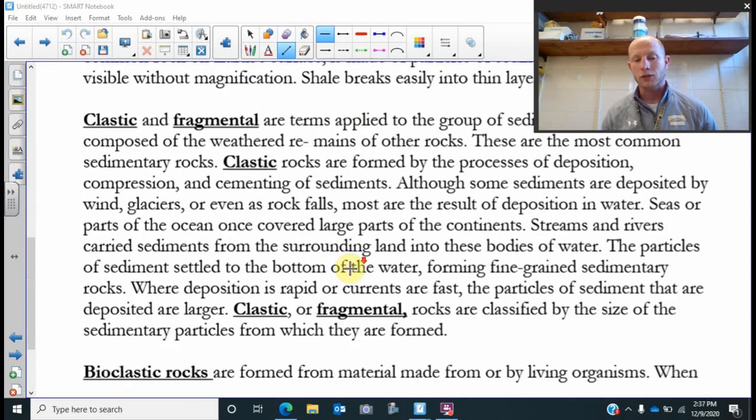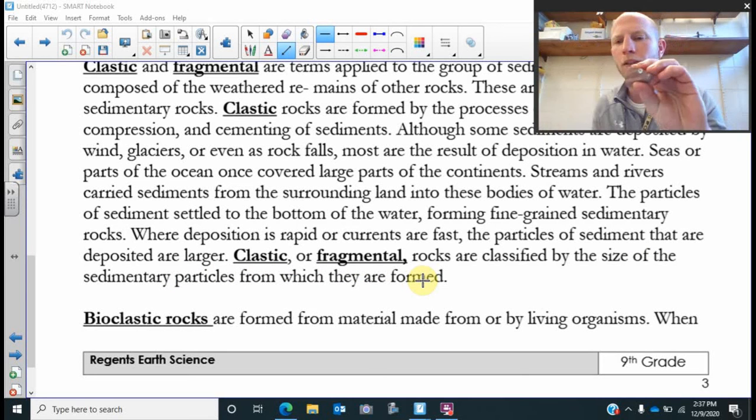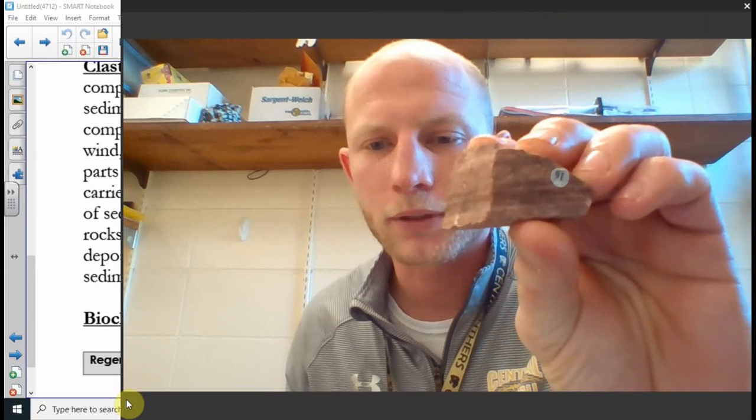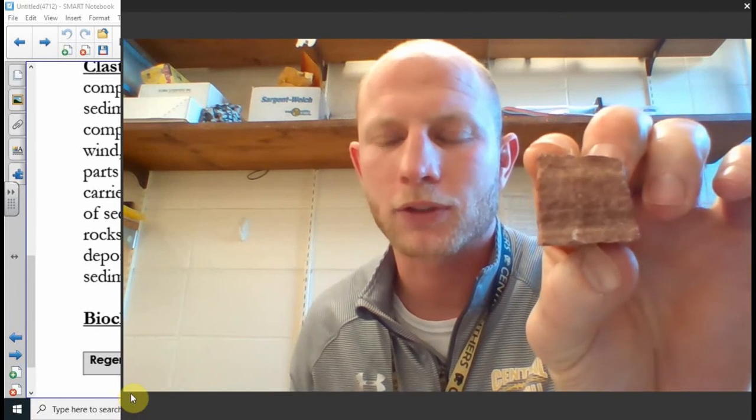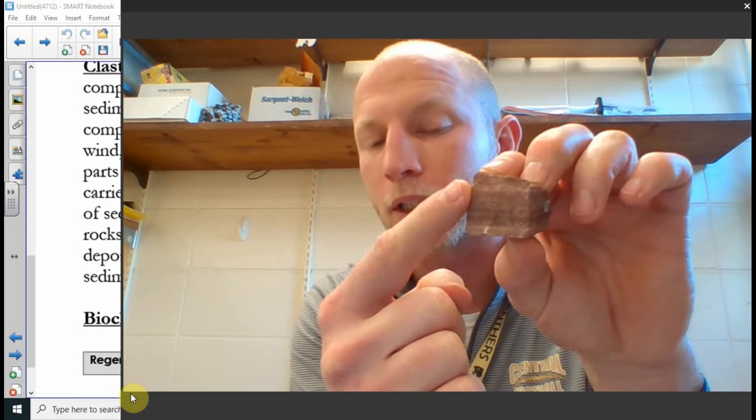So it keeps on talking about clastic rocks. Clastic and fragmental are classified by size of sedimentary particles from where they are formed. So we'll start talking about the sandstone here. It's called a sandstone because it's actually made from sand. So you guys have seen striations, or these layers that you see. You can kind of see these layers, these different bands of dark and light colors.